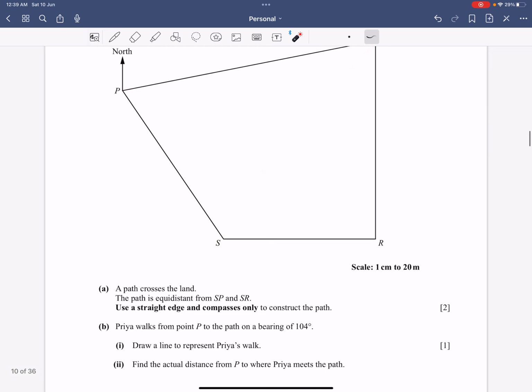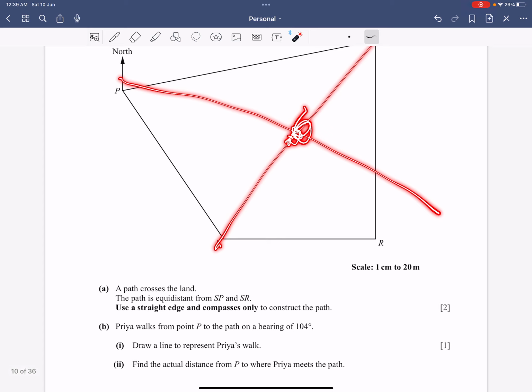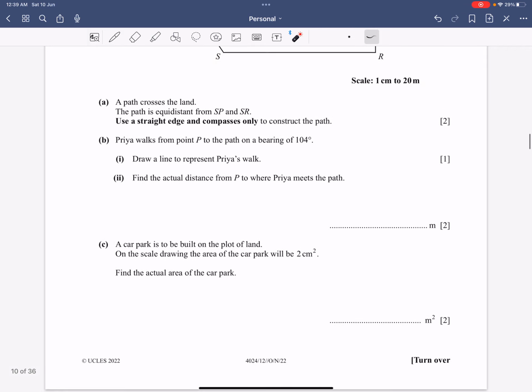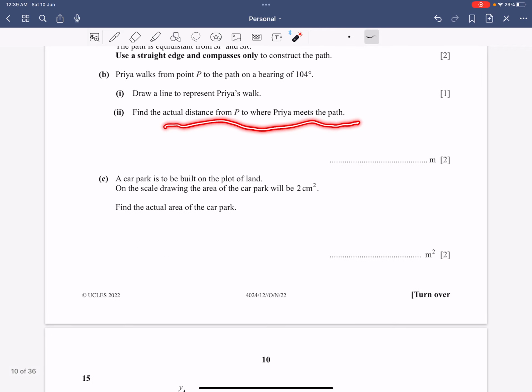And now they're telling you in the next part to find the actual distance from P to where Priya meets the path. So this will be the actual distance, which will be x. You will measure this distance in centimeters, but make sure to multiply it by 20 to get the actual distance from P to where Priya meets the path.